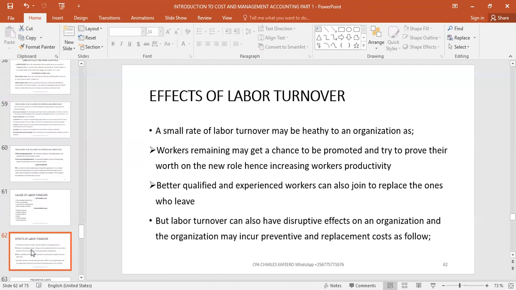The other one you can talk about, when someone leaves the organization, we expect that some people are going to come in with a different experience.